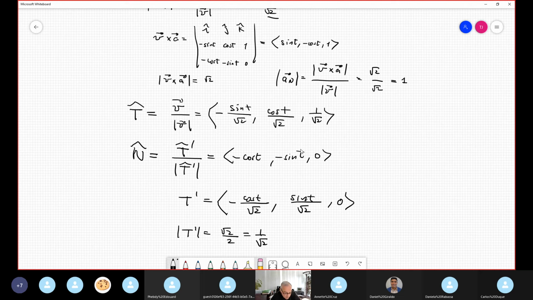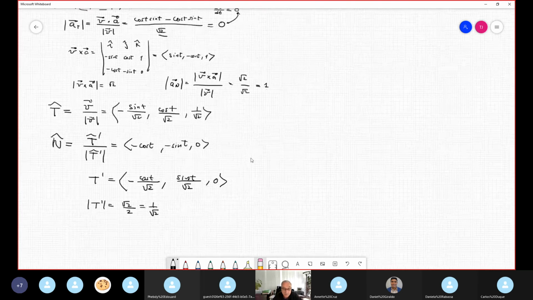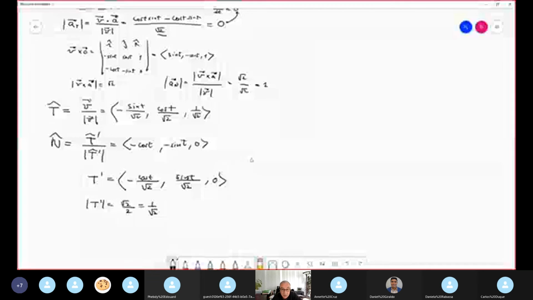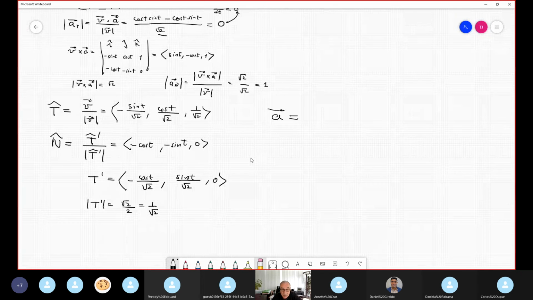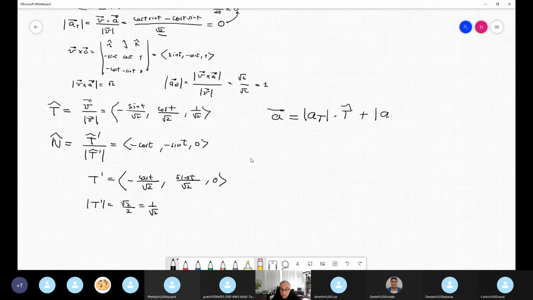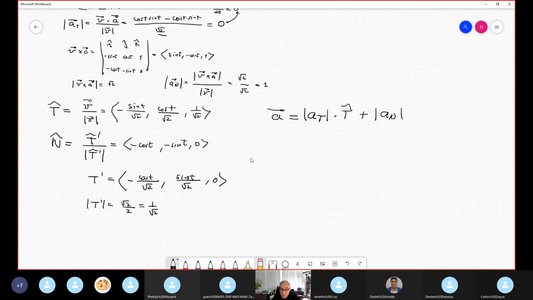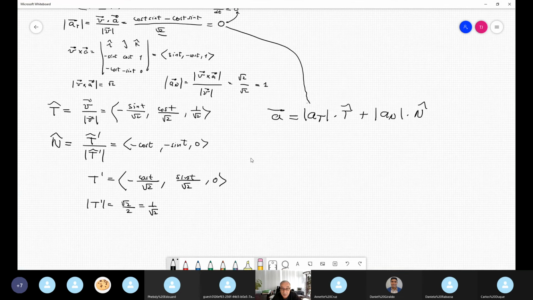Well, so what is the final answer, Professor? Well, the final answer is that acceleration contains two components: acceleration tangent multiplied by the tangent vector plus acceleration normal multiplied by the normal vector. But we discover in the middle of the process that the tangent component is 0. This part is gone.